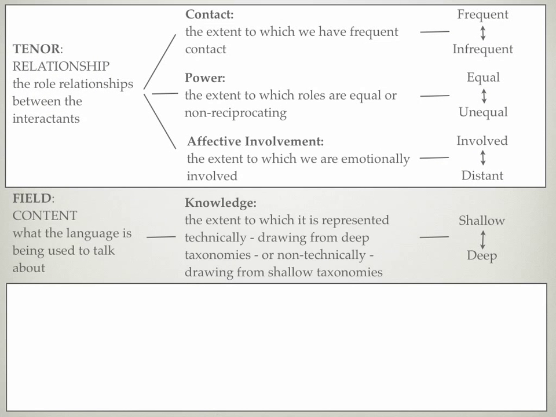How texts initiate interaction, determined by how much contact we have with each other, how equal we are, how emotionally involved or detached we are with something. Those three things. Field is basically how texts relate to experience, formally to informally, technically to non-technically, drawing upon the deep or shallow taxonomies that we talked about in the last presentation.